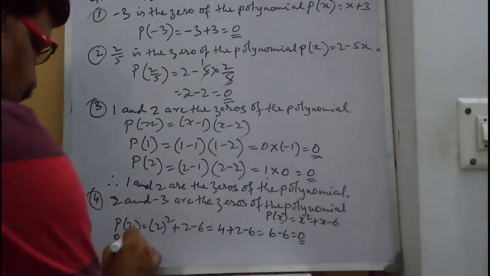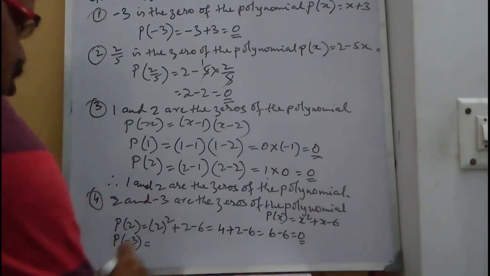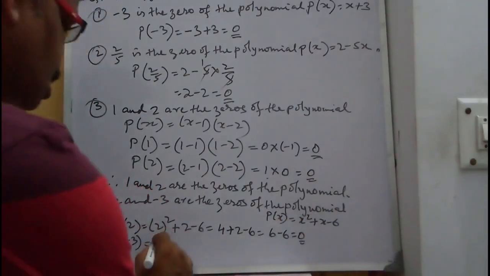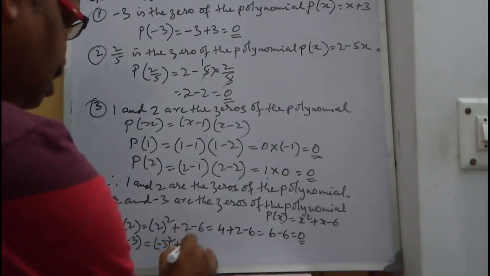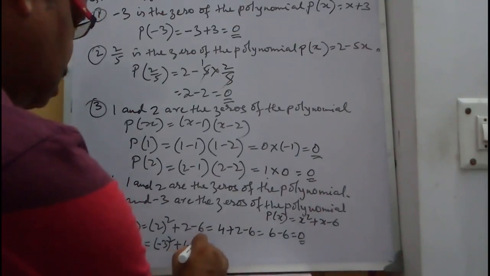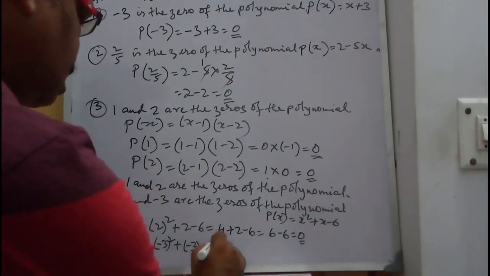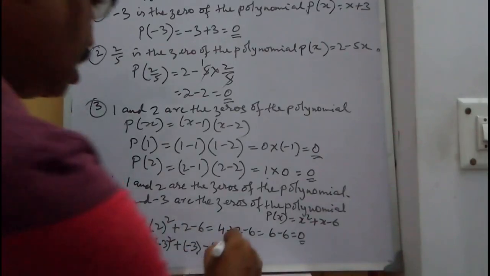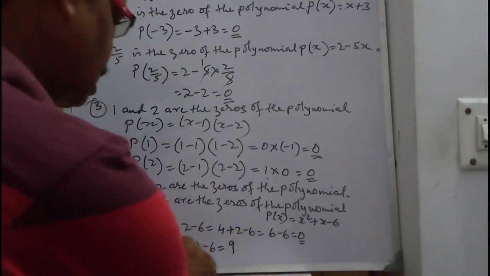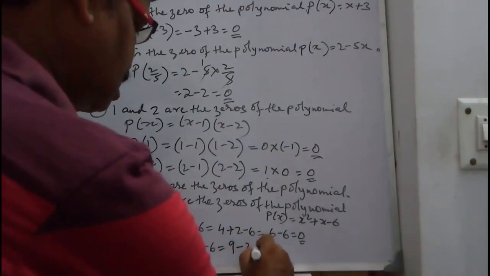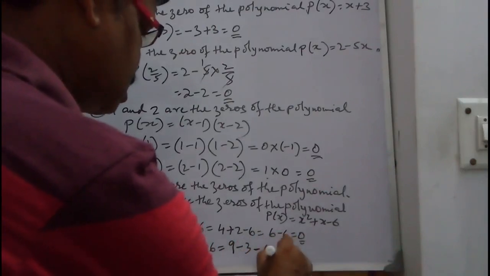Next, p minus 3. So in place of x we write minus 3. So here first minus 3 square plus minus 3 minus 6. So minus 3 square is 9, plus minus 3, minus 6.